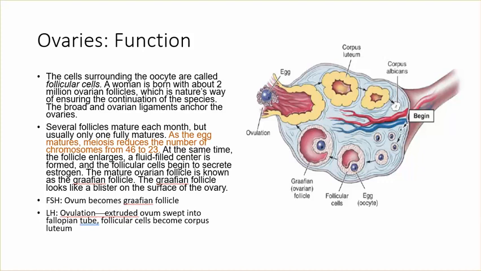If the egg and sperm don't meet, there's no fertilization, the corpus luteum stops secreting and it dies back. Because as it's secreting, the FSH and LH are inhibited, and so it's not being stimulated anymore by FSH and LH, and the corpus luteum basically dies and becomes the corpus albicans, which is a scar.